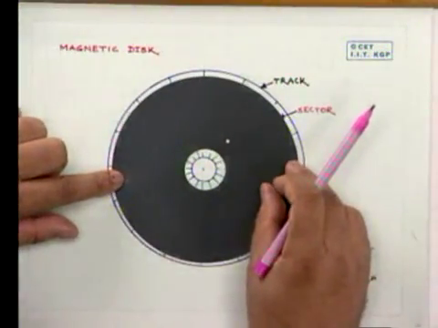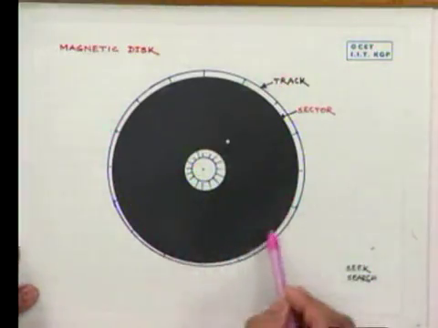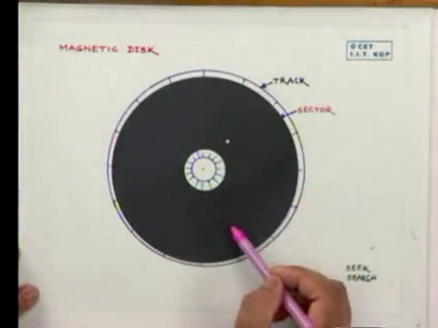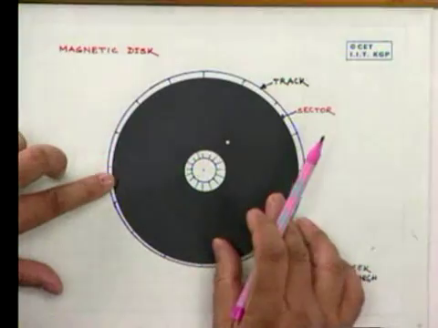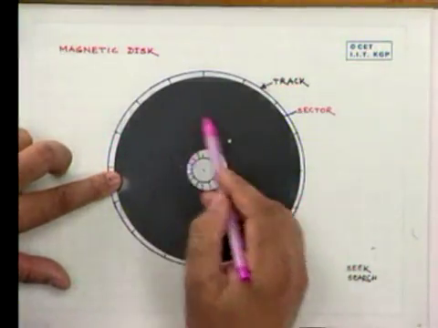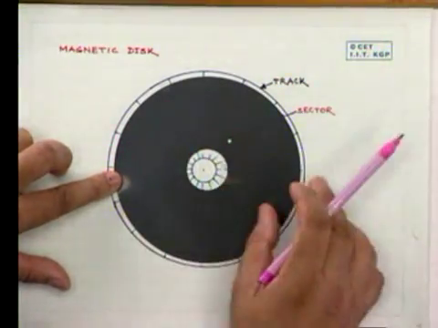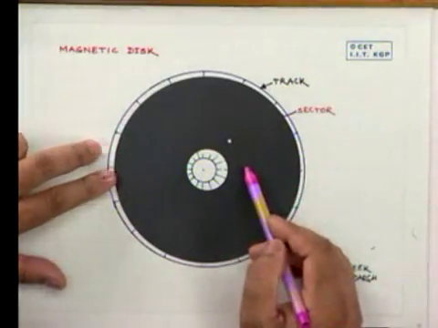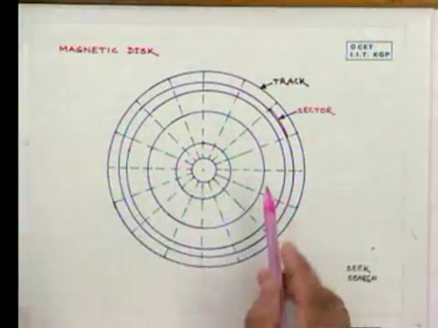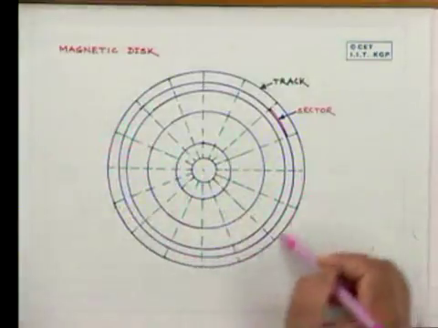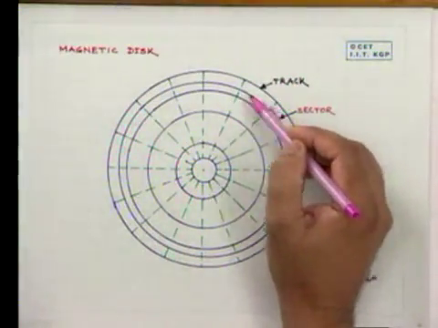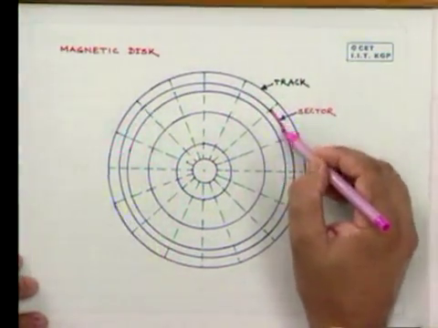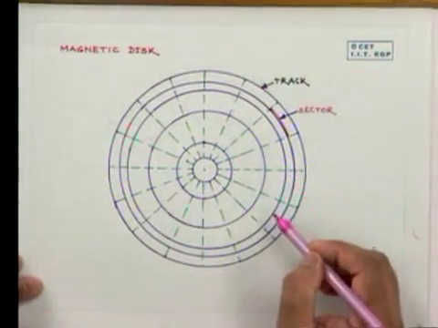For example, say this is a magnetic disk surface. Now, to write and store information here, this magnetic disk is divided into several tracks, and each track is divided into several sectors.